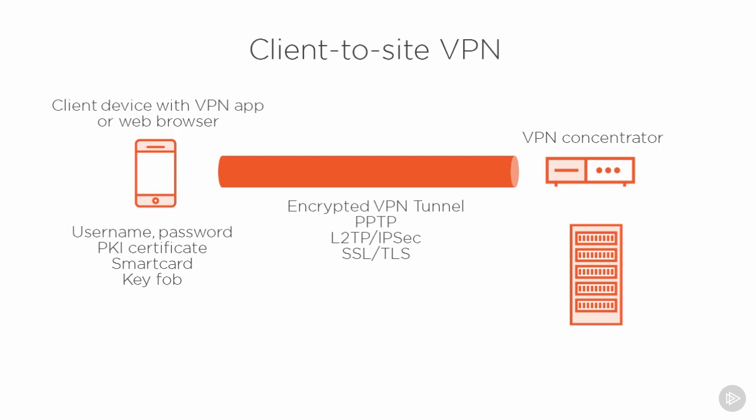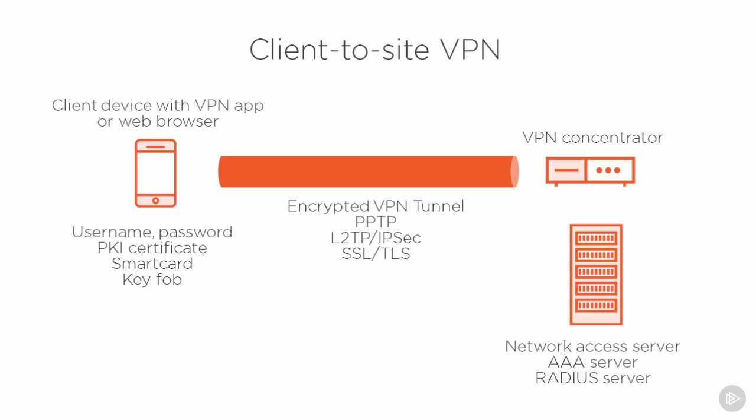And after that tunnel has been established, that can be done using PPTP, L2TP IPsec, or SSL or TLS. But after that's established, it's only because successful authentication will have occurred to establish the encrypted tunnel. And pictured in the bottom right of our diagram, that can be done ideally using a network access server.